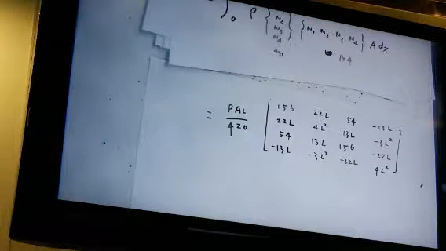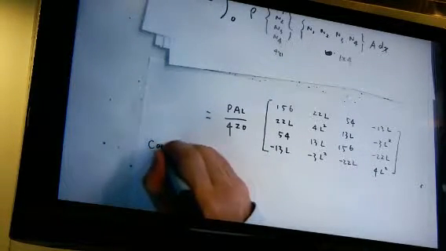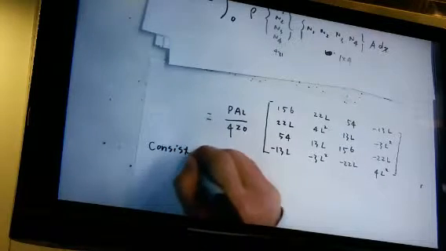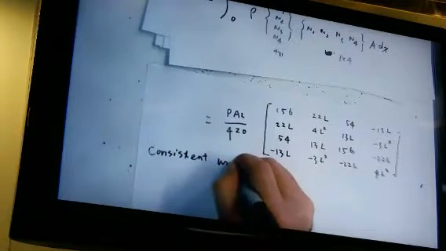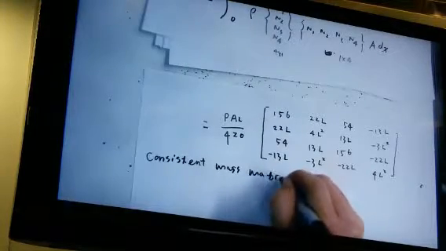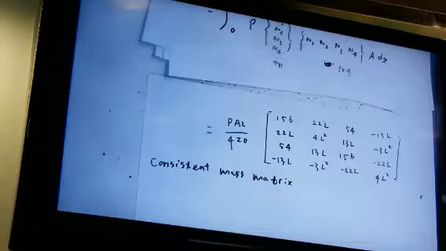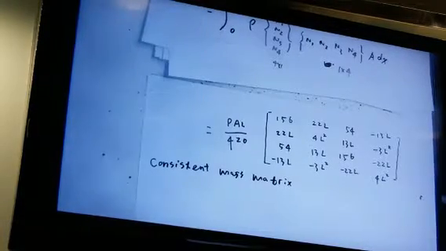So if you want to figure out what the K matrix is, you can check your notes. There's a name for this. This is called the consistent mass matrix. Consistent mass matrix is calculated from that integration.